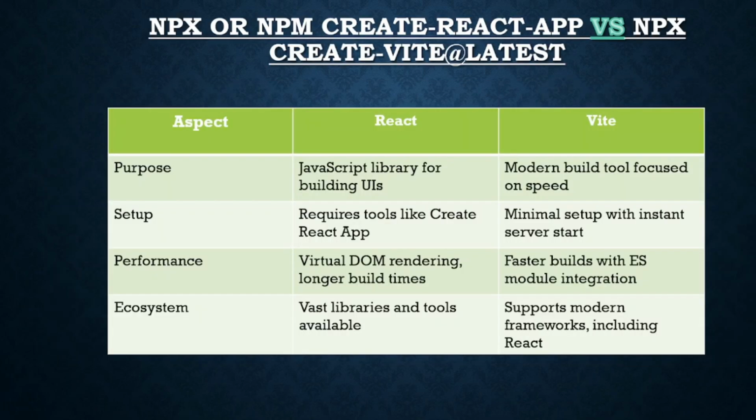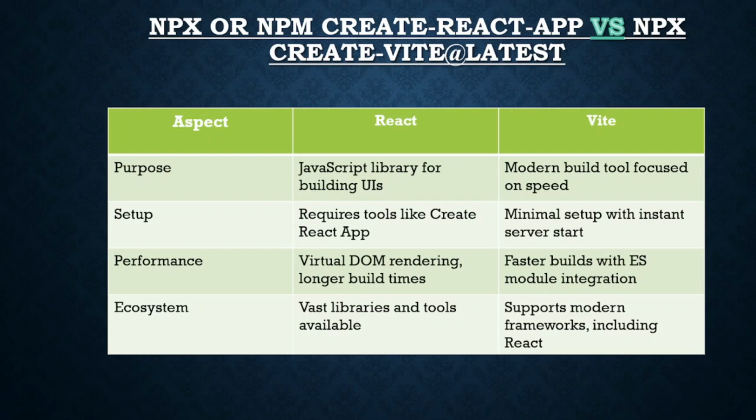In order to create a simple React app, we can create it using npm or npx create-react-app, and additionally, to make our build process easy and faster, we use Vite. See, these are the differences between the normal create-react-app using npm or npx, and setting up the same React project using Vite.